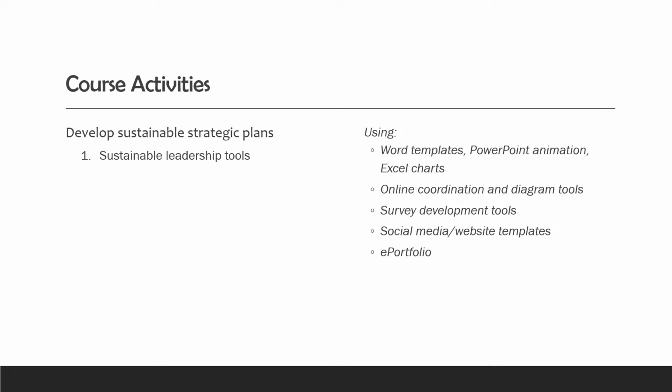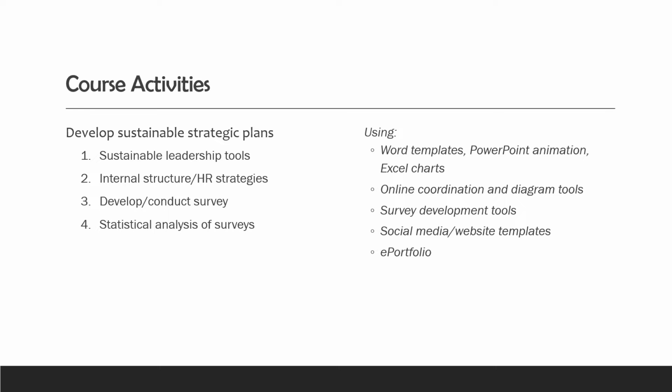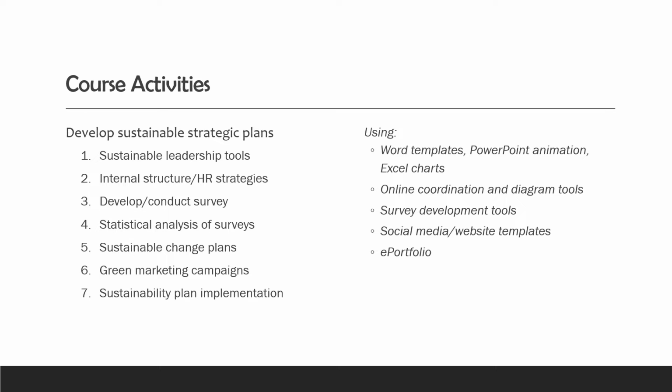What we do is teach you some of the leadership tools, some of the internal structures that are more sustainable, more philosophically sustainable, and some of the HR strategies, how to develop and conduct a survey, and then how to analyze it, how to develop a sustainable change management plan, how to develop a green marketing campaign, how to implement your sustainability plan, and then finally how to set it up so that you are continuously improving in the area of sustainability.